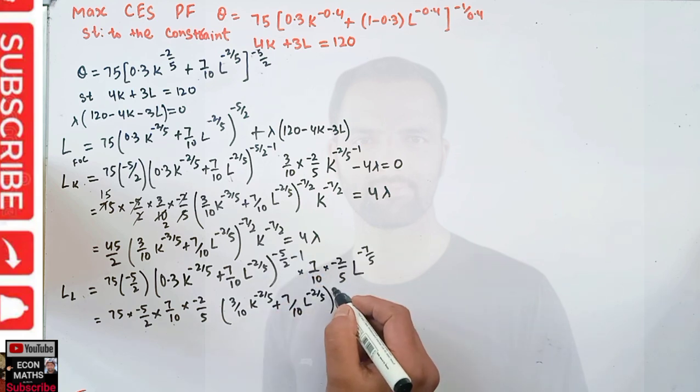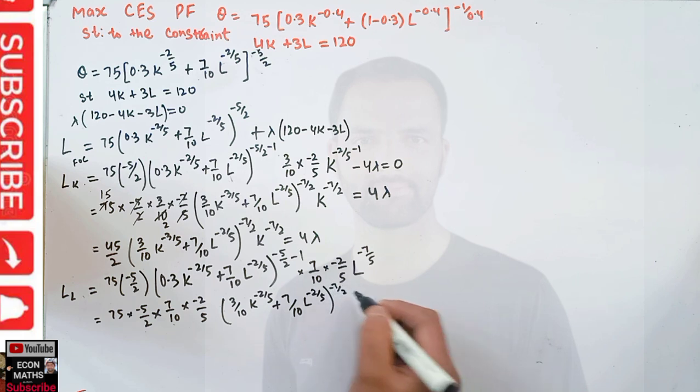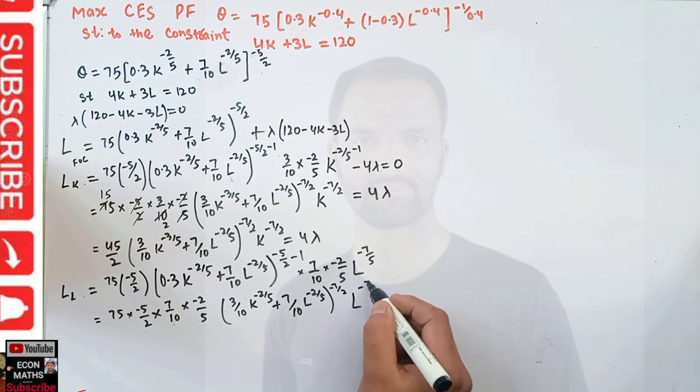So this will come out to be minus 7 upon 2, this power, and then we have minus L to the power minus 7 upon 5.